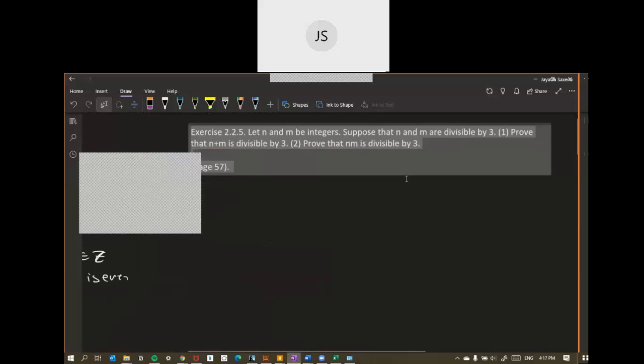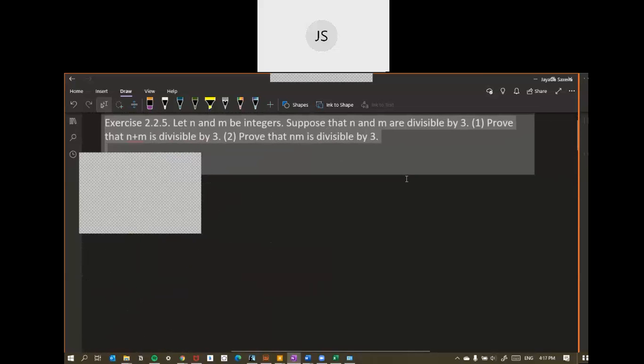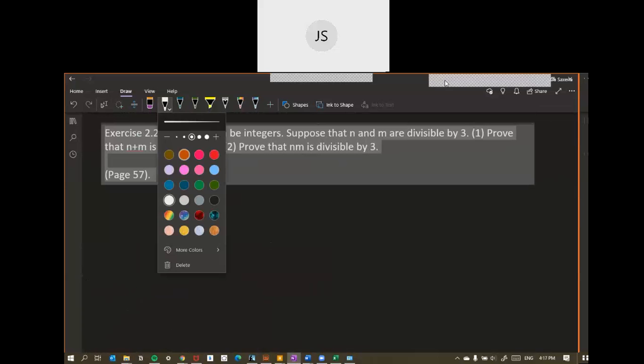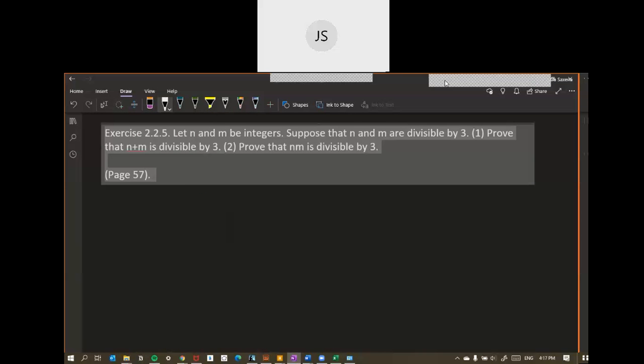Okay, so let's do another example of a direct proof. So n and m are integers, and suppose that n and m are divisible by 3. Prove that n plus m is also divisible by 3, and n times m is divisible by 3. So I'll do the first part with this.